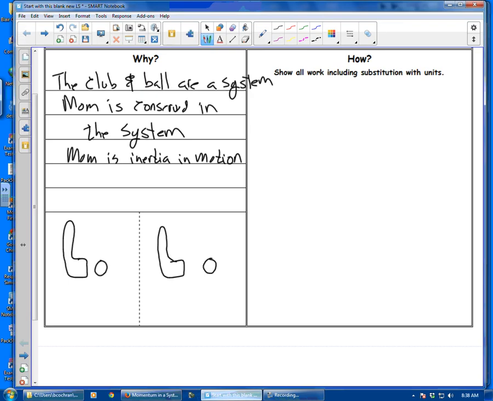Alright, so momentum of the ball beforehand, 0. Momentum of the club beforehand would be in that direction. Momentum of the club afterwards would be in that direction. And the momentum of the ball afterwards would be in that direction. So that would be my momentum diagrams for this one.